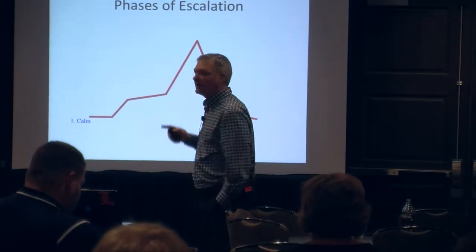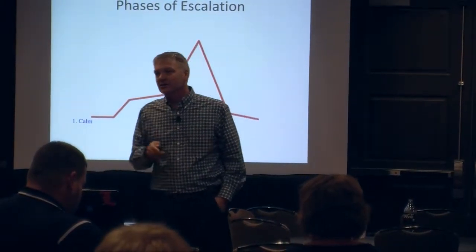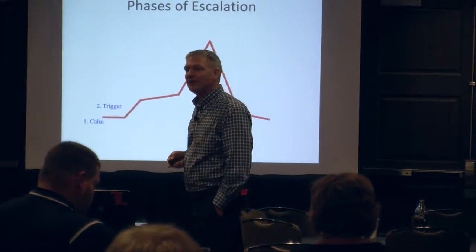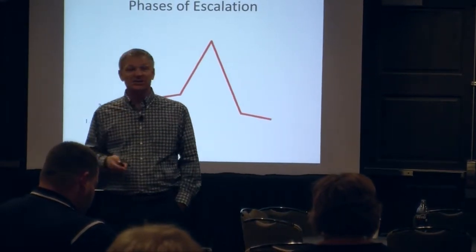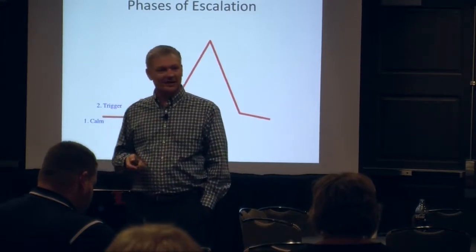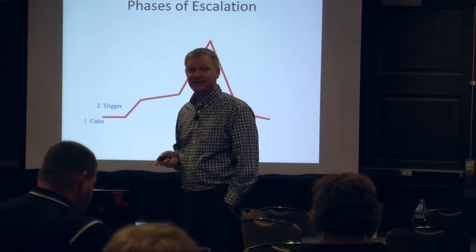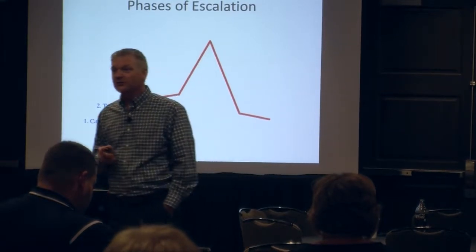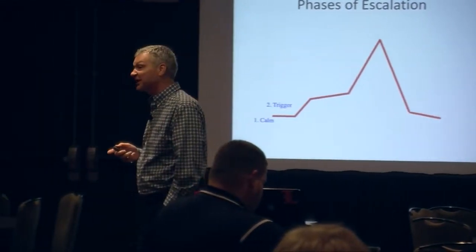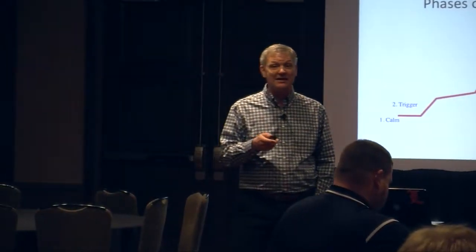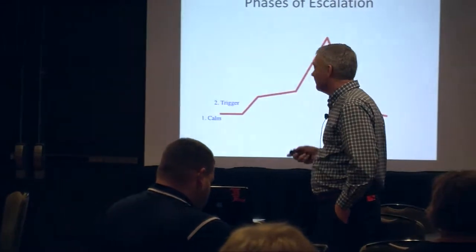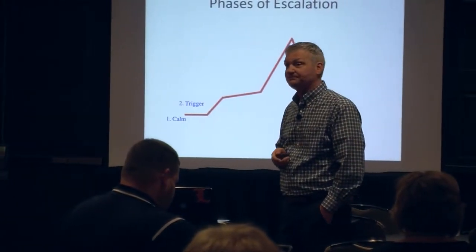So here's a kid being calm, and all of a sudden there's a trigger. When there's a trigger, you'll be able to tell because the kid generally is less on task. They're distracted easily. That trigger may have been somebody called them a name or disrespected them. It could be that they know there's a consequence coming. It could be that they're afraid of something coming in the future, etc. But what happens is you get some distraction.